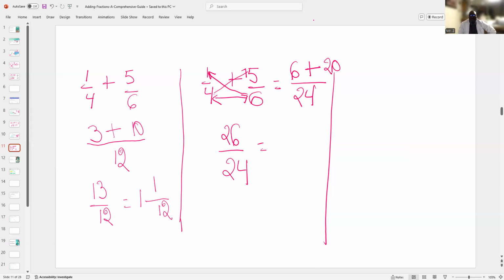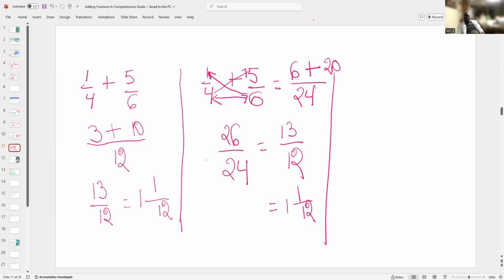If now I simplify this by 2, I have 13 over 12. Same concept as the first one. And once you convert that to a mixed number, you have 1 and 1 over 12.